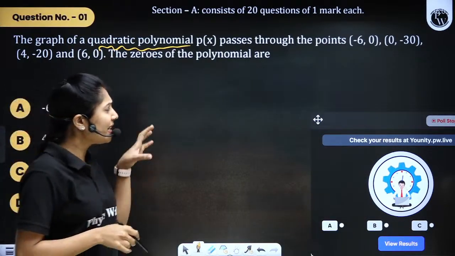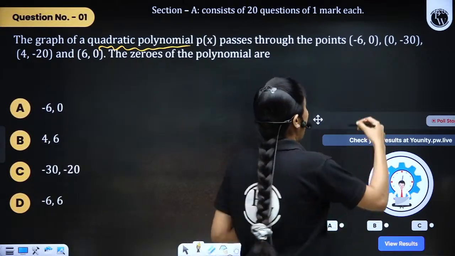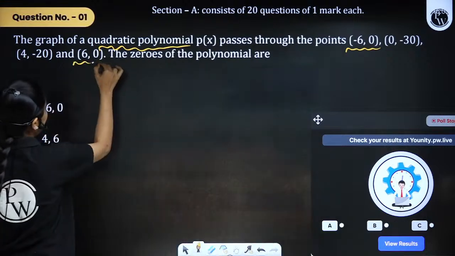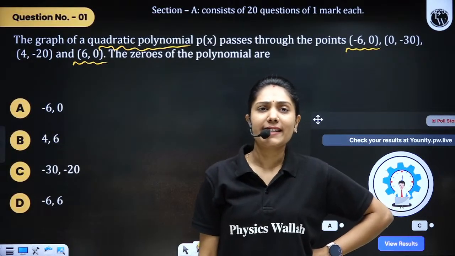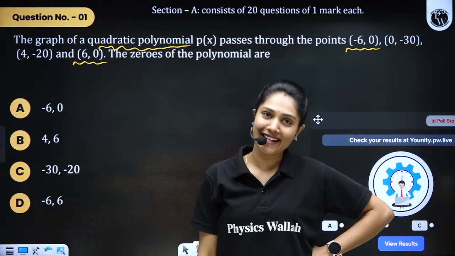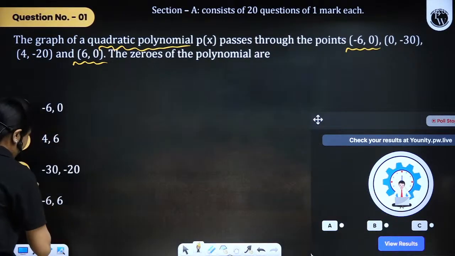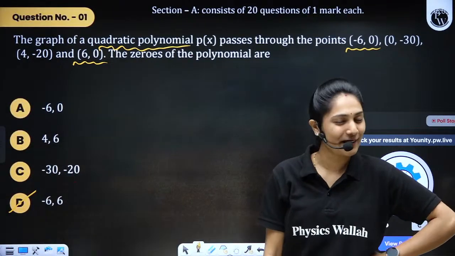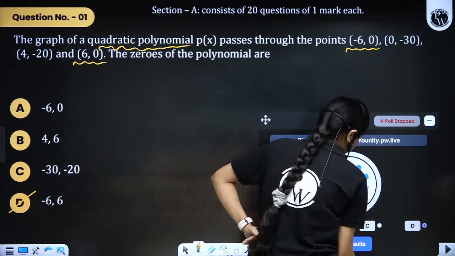From these coordinates, the points on the x-axis are (-6, 0) and (6, 0). These are the 2 points on the x-axis, and that's why the roots should be -6 and 6. That is option number D. So you are all absolutely correct. Option number D.